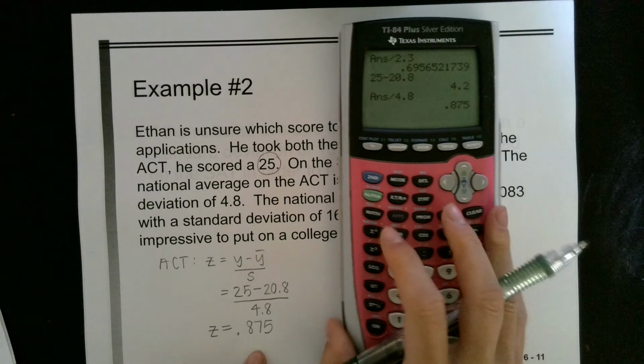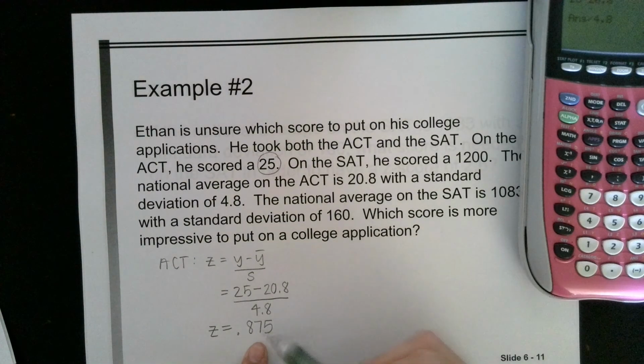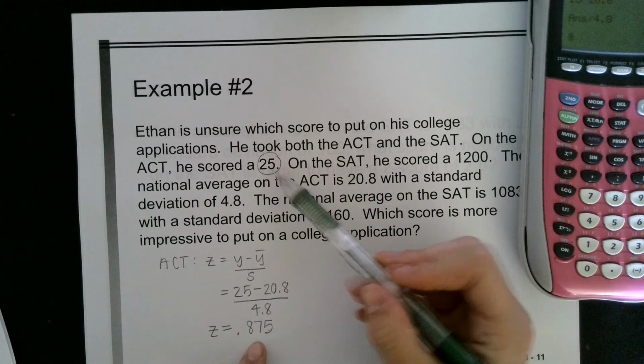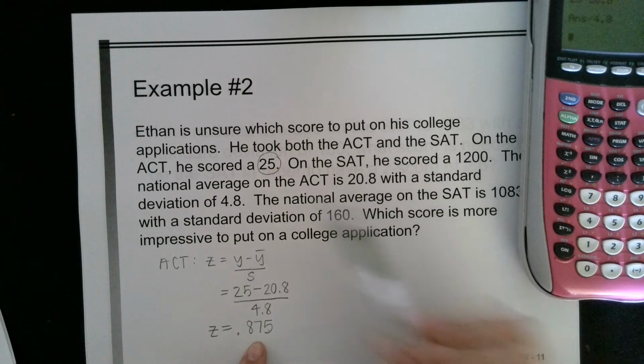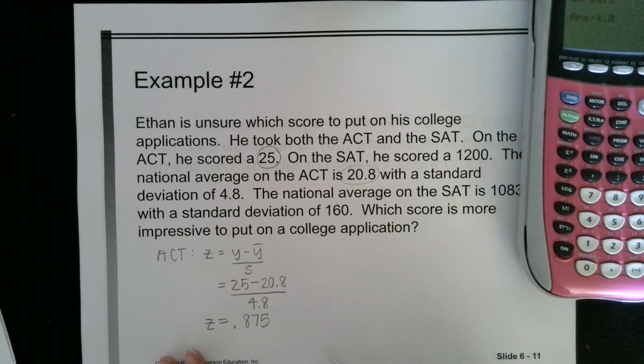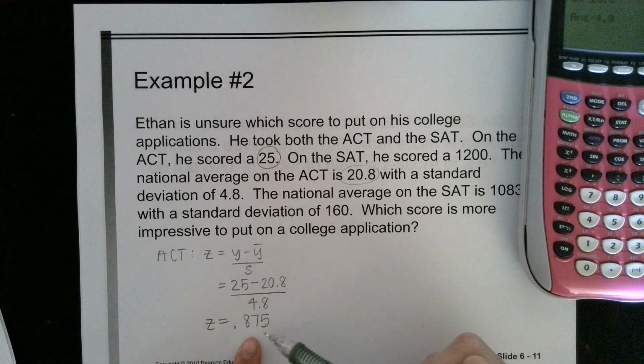Now I can see because this is positive, his score was above average, which I already knew because he scored a 25 in comparison to 20.8, but it's a little bit less than one standard deviation above average.